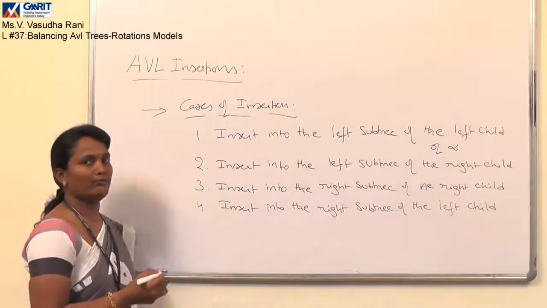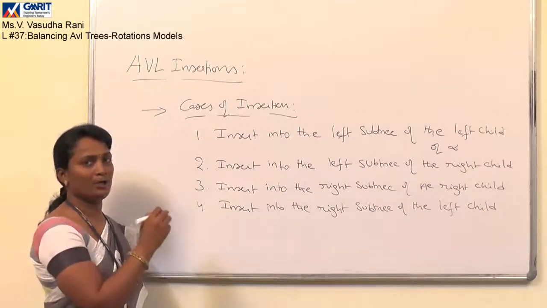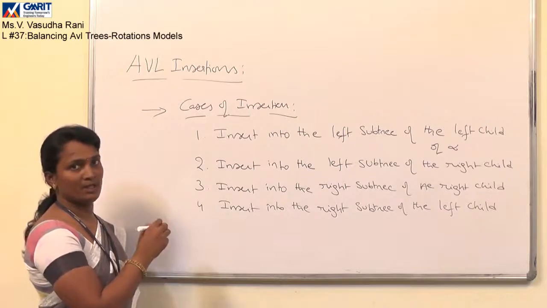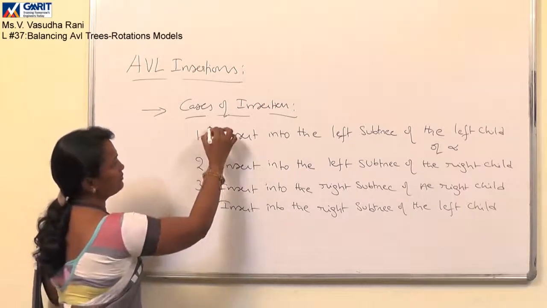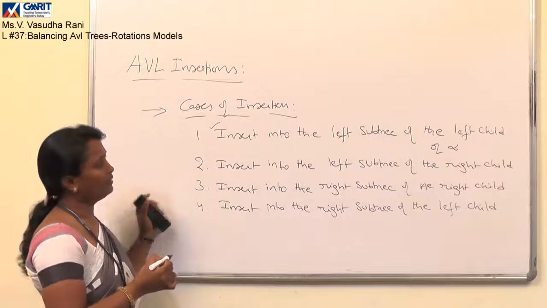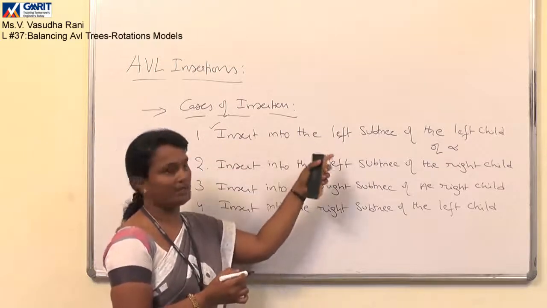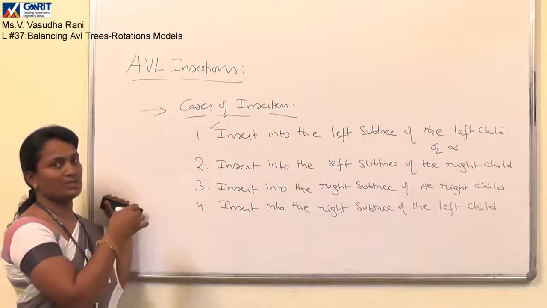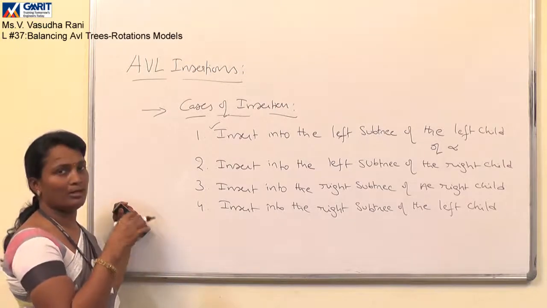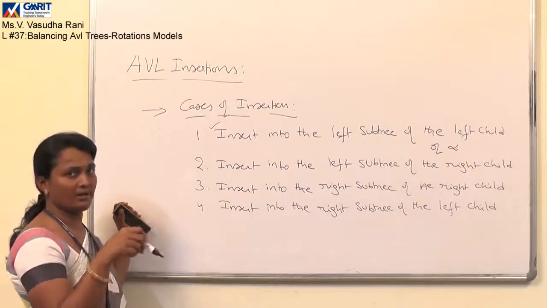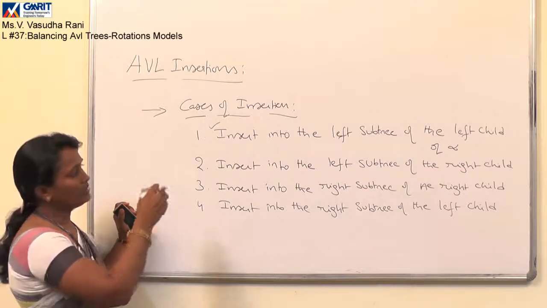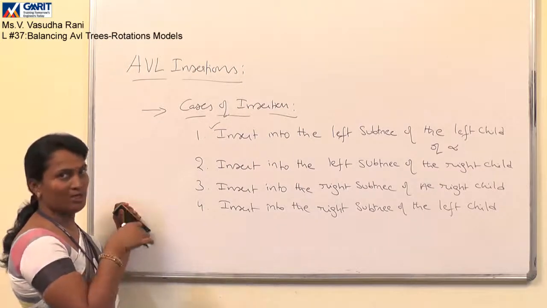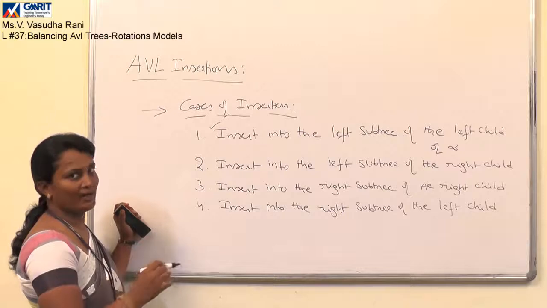The node, whatever we are inserting at a particular location, we can observe that it may be inserted for an alpha node, for an identified node. For that, it may be its left subtree's left child, or its left subtree's right child, or its right subtree's left child, or right subtree's right child.